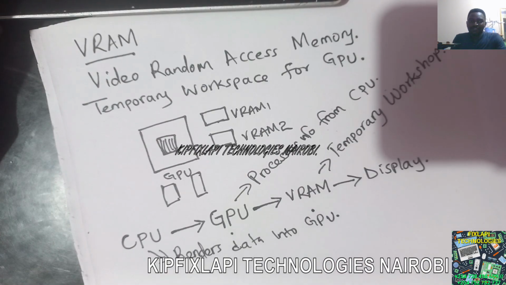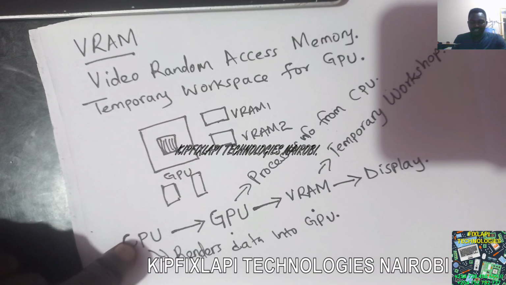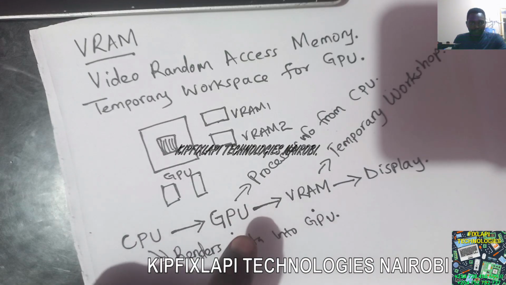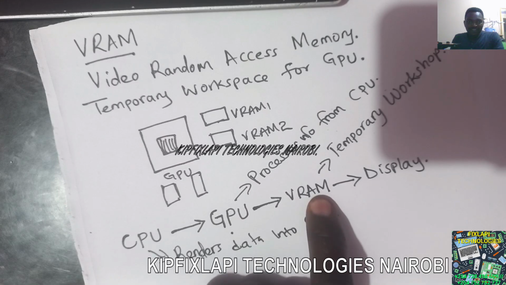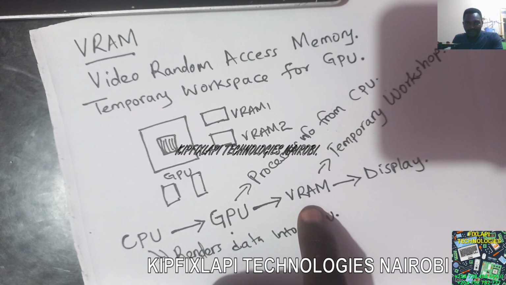So in short, the CPU sends the instructions, that is commands, game logic or data, to the GPU, whereby the GPU processes that information and loads the necessary textures, shaders, geometry and frame buffers into the VRAM. The VRAM acts like a high-speed workspace, temporarily holding the data processed by the GPU.